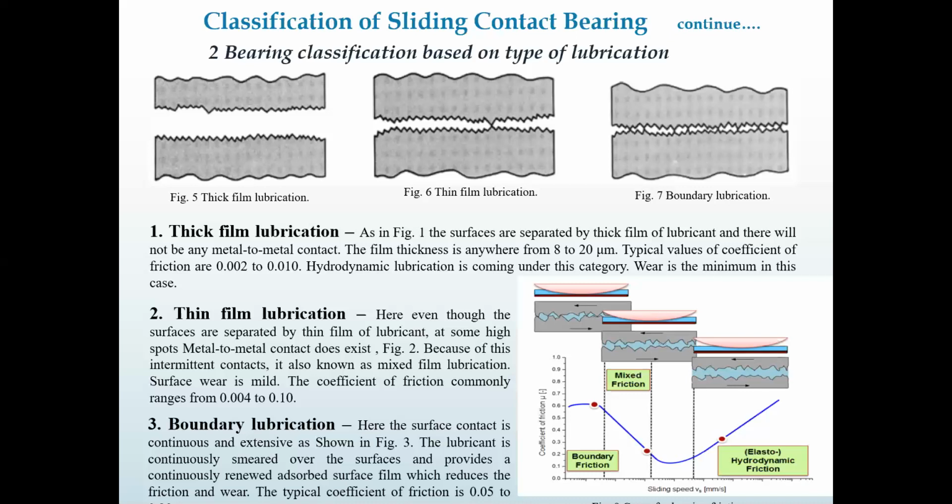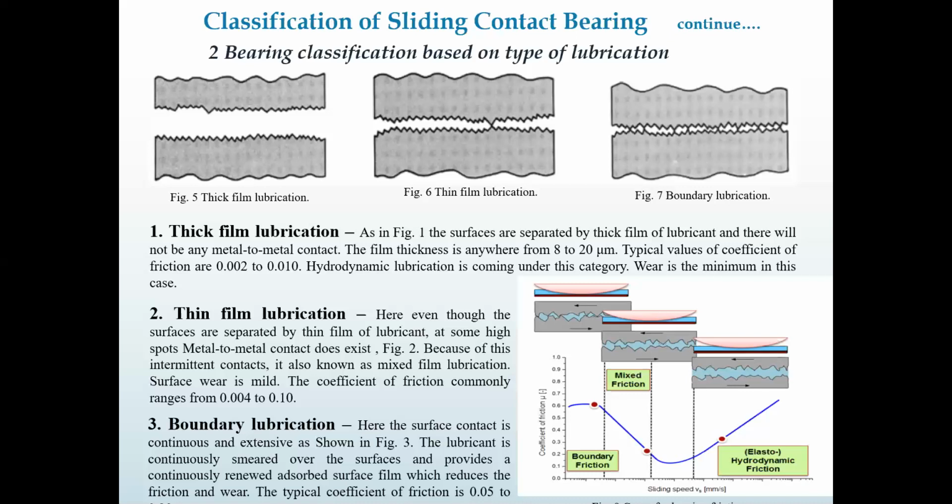But in case of very low speed, boundary lubrication comes into the picture, where surface to surface contact occurs and is very extensive because both surfaces come directly in contact with each other.